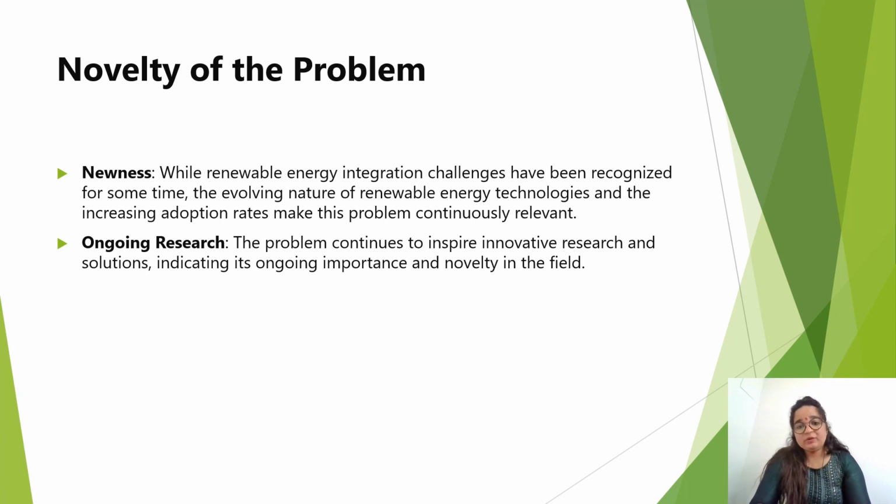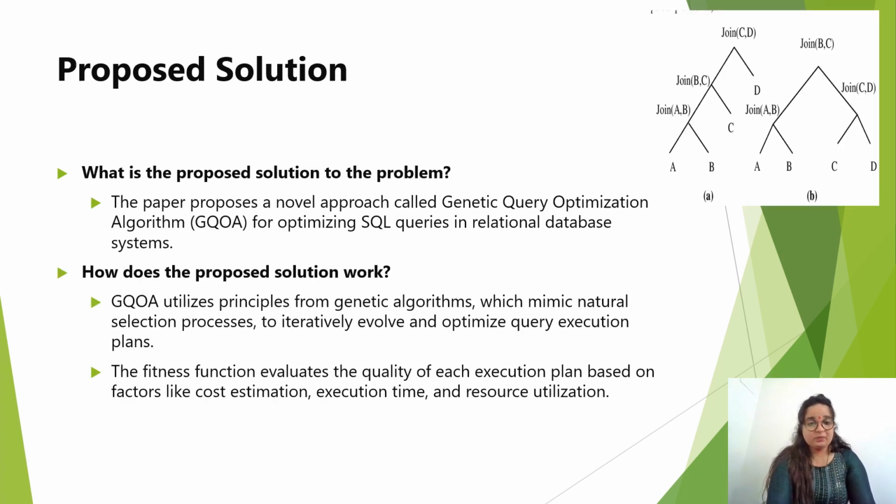The ongoing research is innovative, and the importance of the problem is what we find in the real corporate world. It depends on varieties of social media like Instagram and YouTube. They have lots of data, so we need to query on that. So we need to optimize that problem, and this is clearly stated in this research paper on optimization by query.